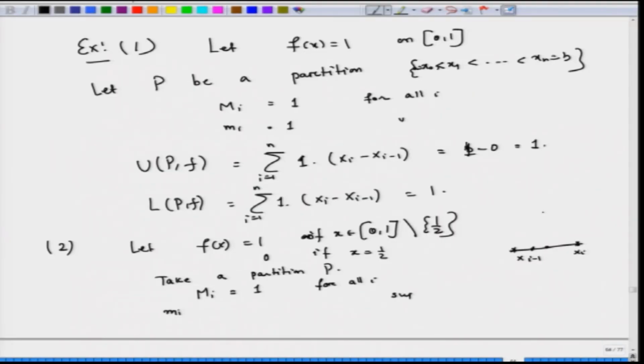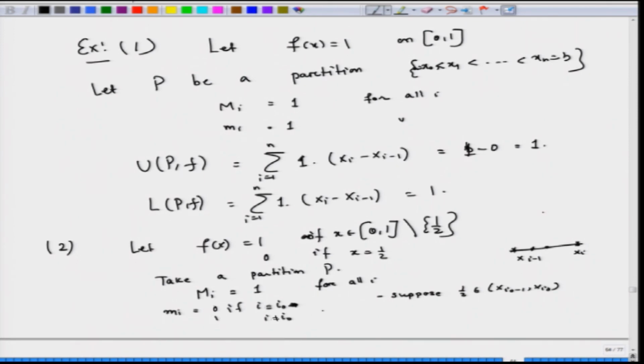Suppose half belongs to the open interval (x_{i0-1}, x_{i0}). Then mi is equal to 0 if i equals i0, and mi is equal to 1 if i is not equal to i0.